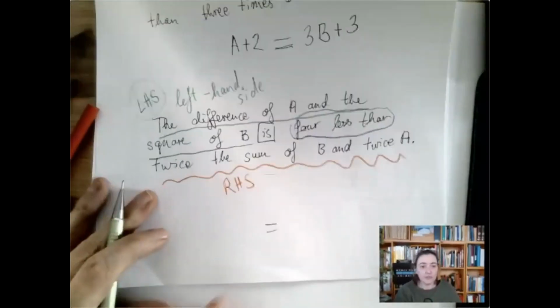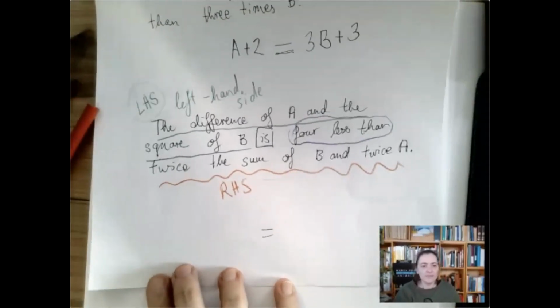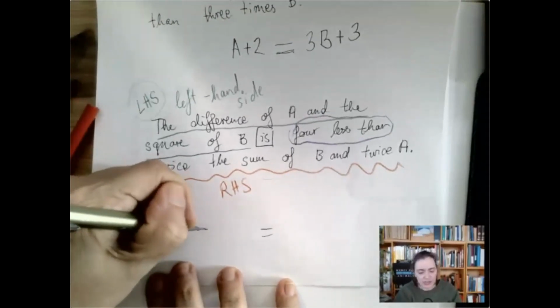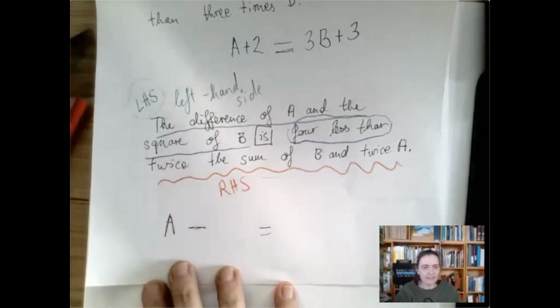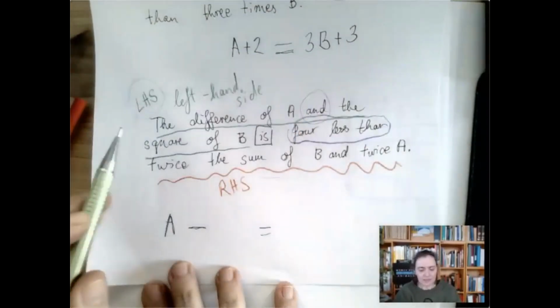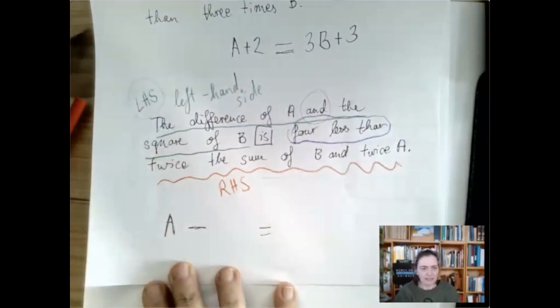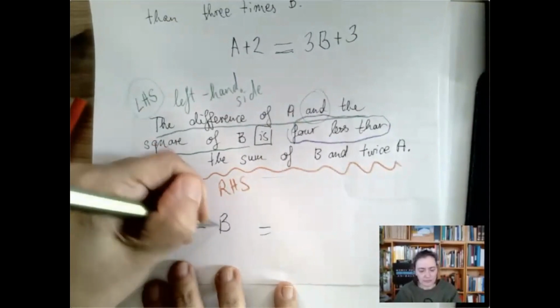The difference means we're going to subtract. The first thing is A and the second thing is the square of B, right? The and separates the difference of this and that. And so the square of B looks like this.